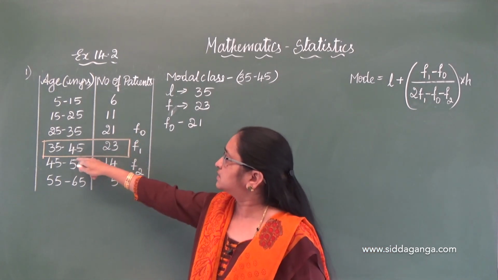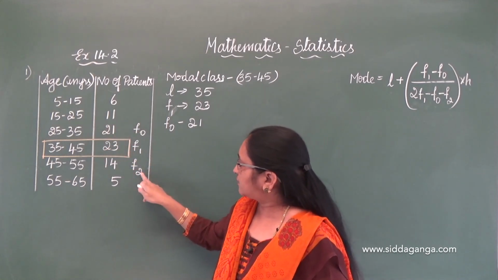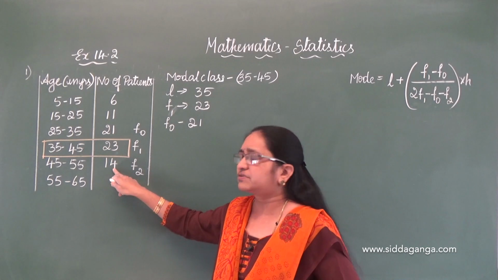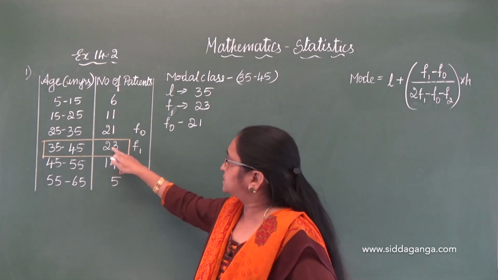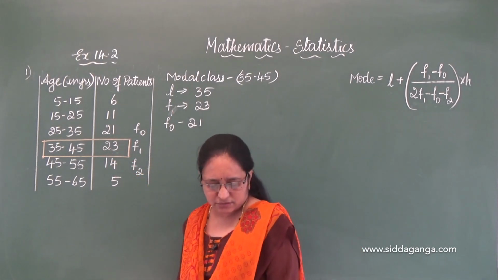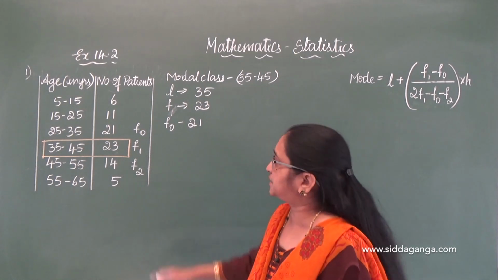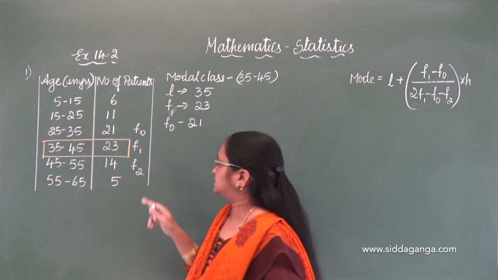This is the modal class, so the preceding one gives F0 is 21. And F2 is the frequency of the class succeeding the modal class.